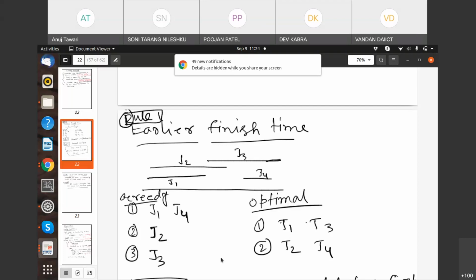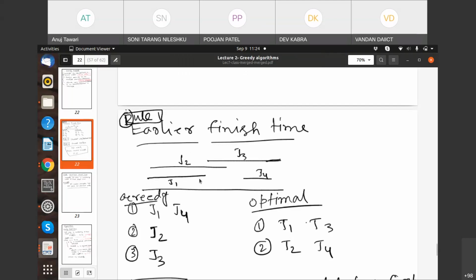First, we'll process J1 and put it in some classroom. What's the next one? J2. But this obviously intersects it, so J2 has to go in some other classroom.